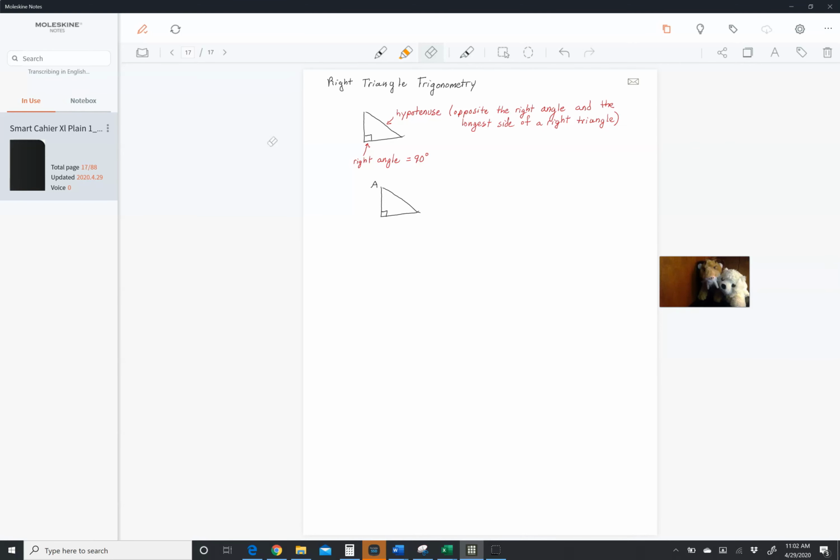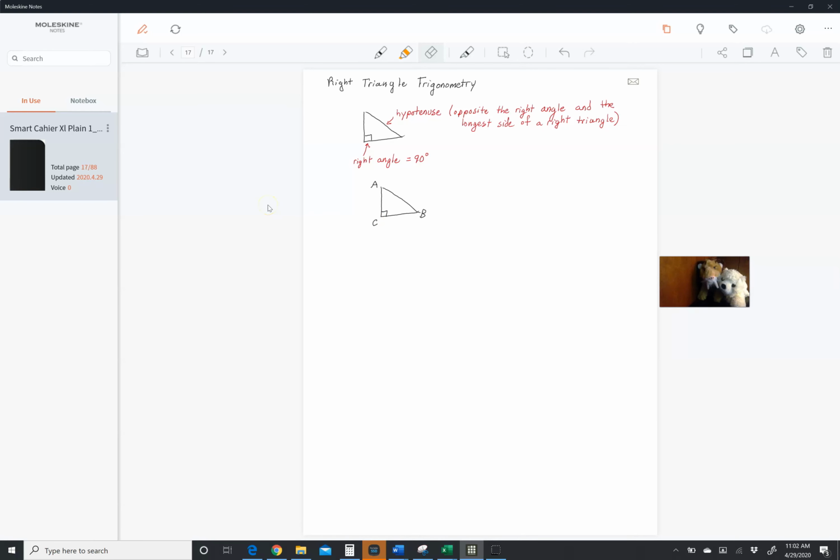So we could call this A, this B, this C. There's nothing that says you can't label this angle A, this one B, and this one C. Typically in a right triangle, we like to label the right angle C. You'll see why in a second, but it's not written in stone.